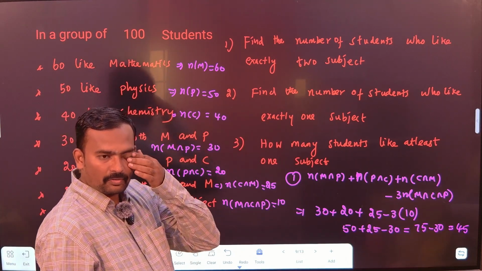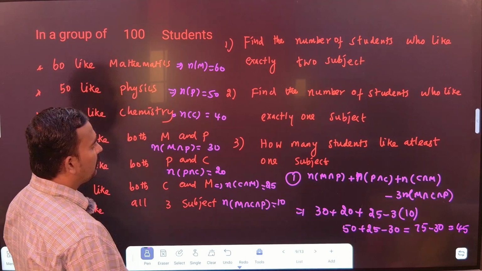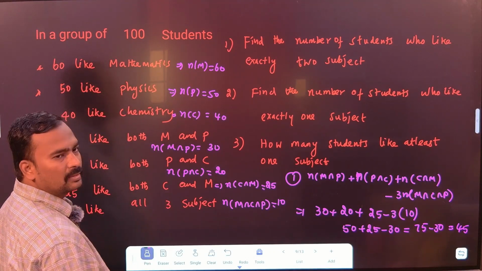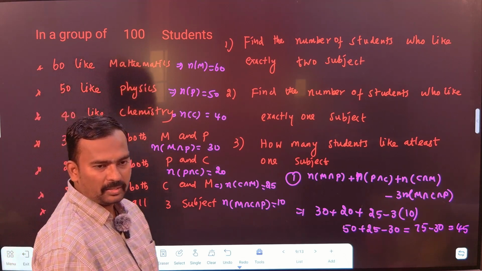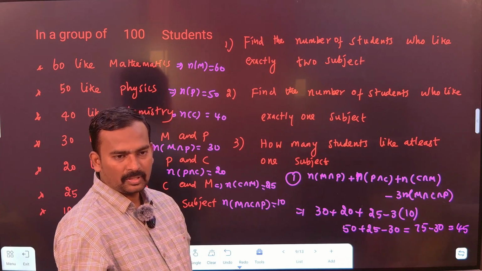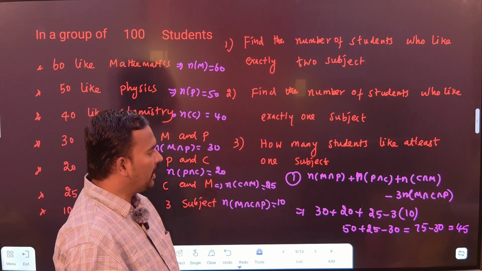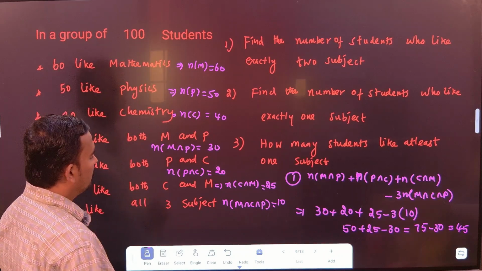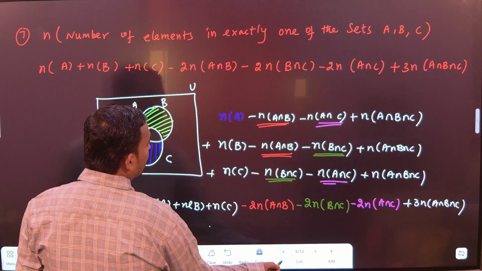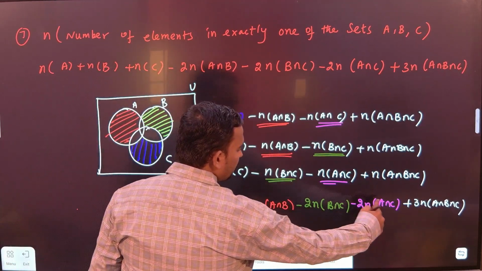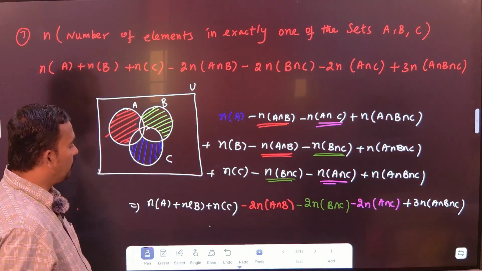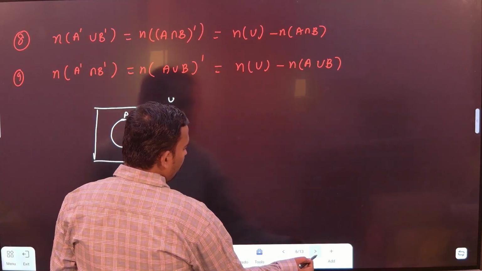What is that? n of A plus n of B plus n of C, and then you have to remove 2 times n of A intersection B, 2 times n of B intersection C, 2 times n of C intersection A, and add 3 times n of A intersection B intersection C. That is for exactly one of the subjects, right? Okay.